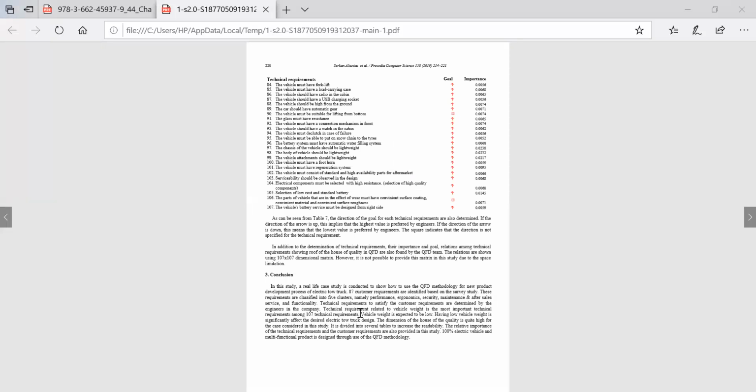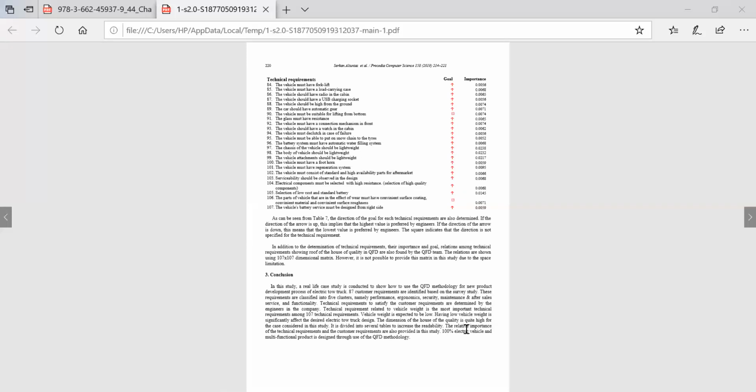If it is done, then the vehicle weight is expected to be low because the customers opted for low weight. Having low vehicle weight is significantly affected by the desired electric tow truck design, so even the design will be made so that the weight of the electric tow truck will come down. The dimension of the house of quality is quite high.